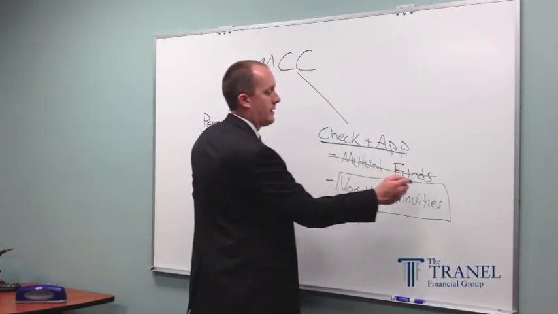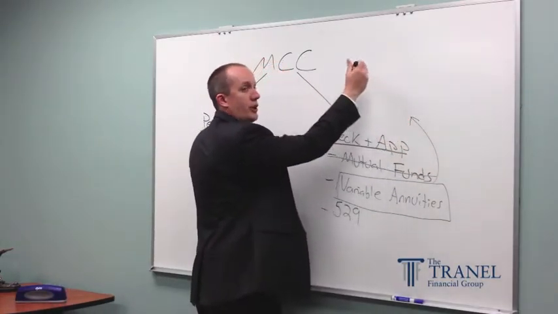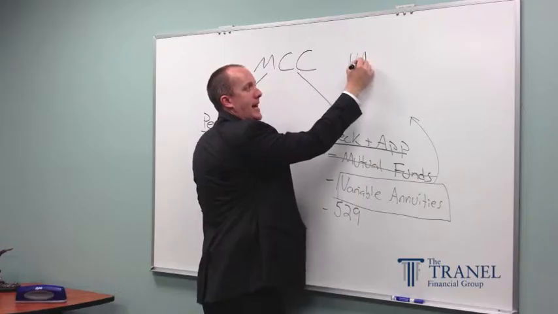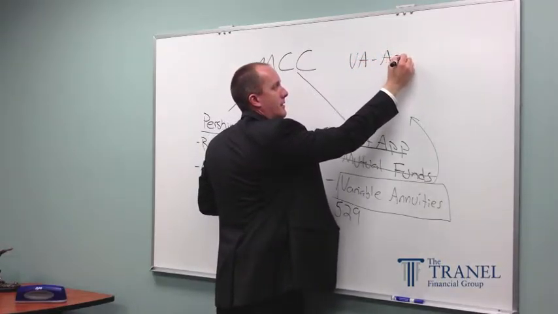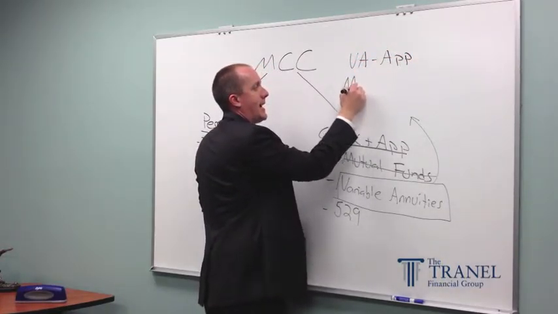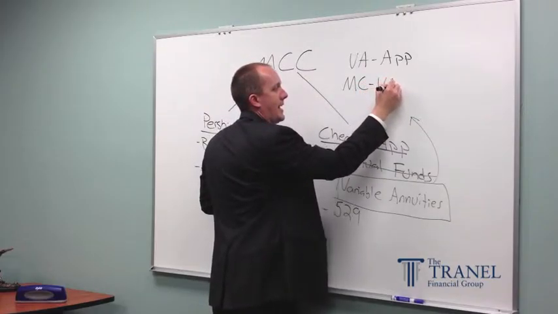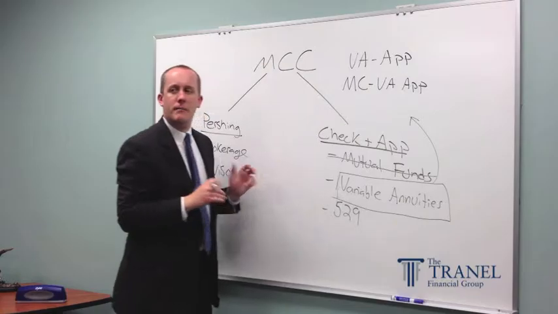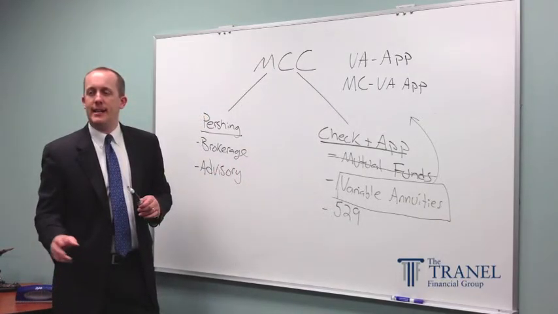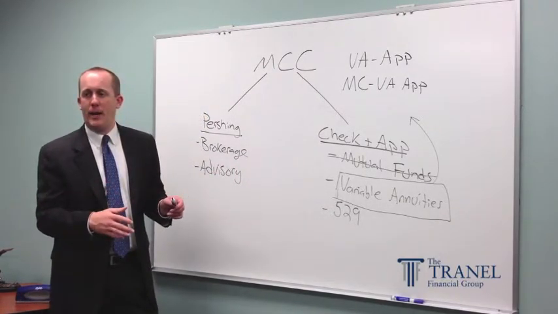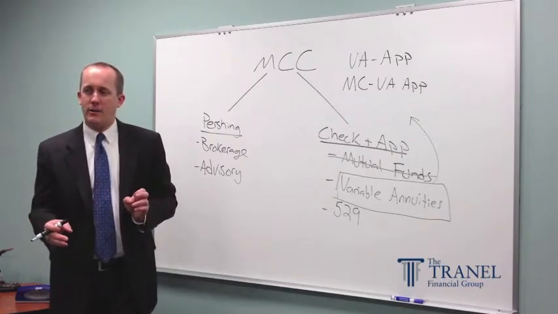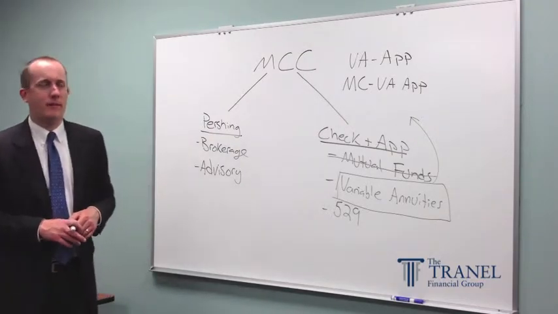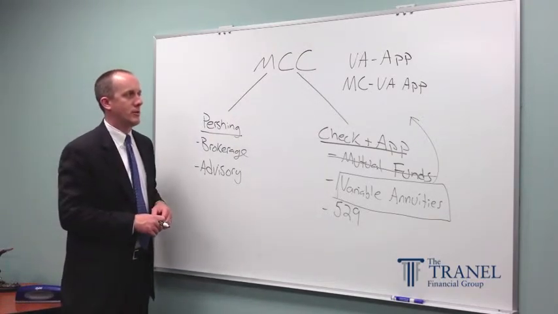So in order to use this, you're going to need the VA app, the Money Concepts VA app, and then whatever paperwork you need to get the money from point A to point B, income riders started, all that kind of stuff. That'll make more sense to you in other videos.